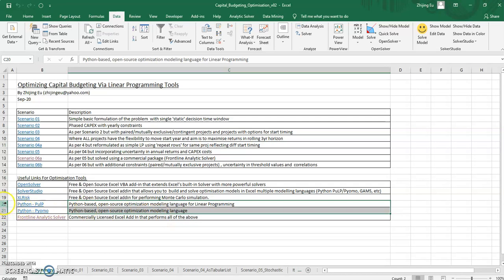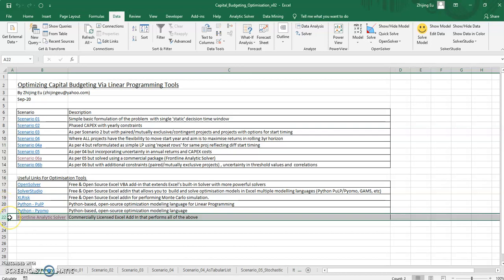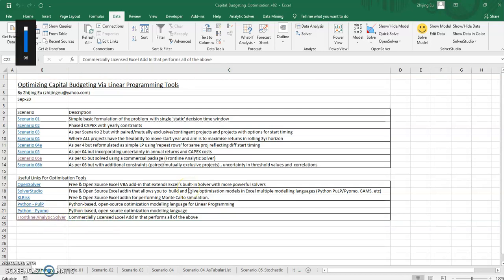You could, instead of using Python, use other programming languages, and there are other companies that produce equivalent tools commercially besides Frontline Analytics. But I hopefully have shown you that you can still achieve quite a lot, even with the open source freely available tools, if you're willing to trade off some time to understand how they work, and you're not so fussed about computation time.